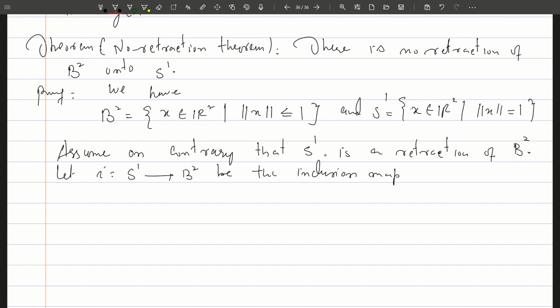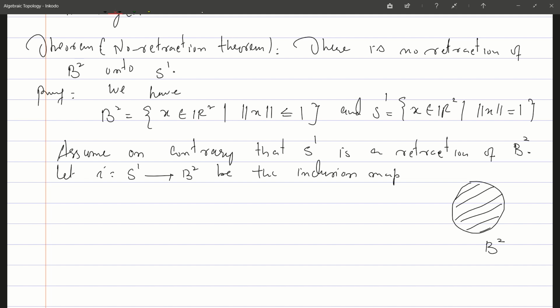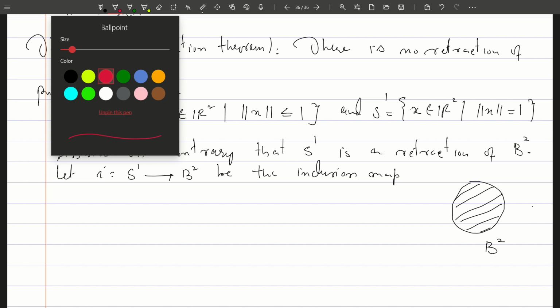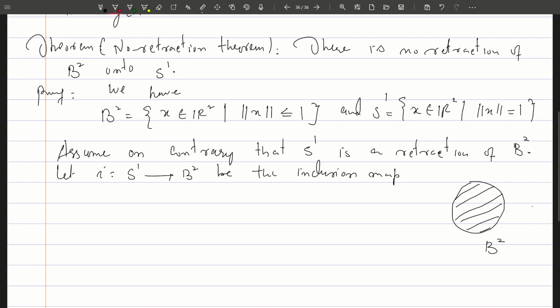So this region over here is B2, and this boundary over here is S1.